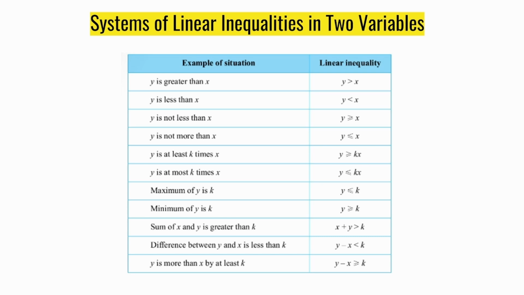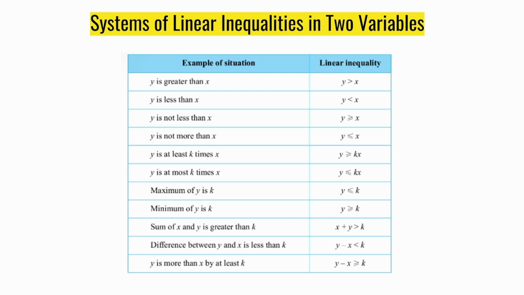And if y is at most k times x, you would do the same equation, but you would flip the equation around, thereby making it less than or equal to. If the maximum of y is k, it will be y is less than or equal to k, because the maximum of y is k. And the same thing goes for minimum of y is k. Y will be greater than or equal to k because the minimum of y is k.